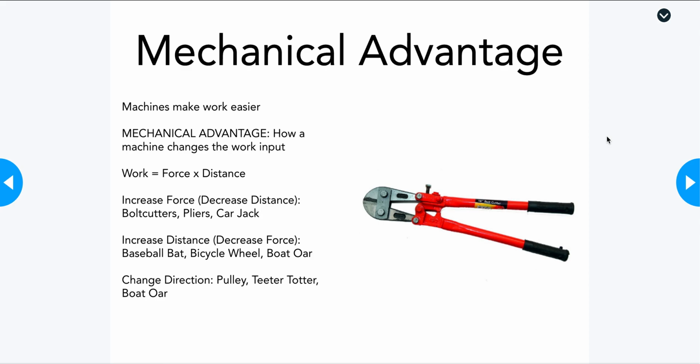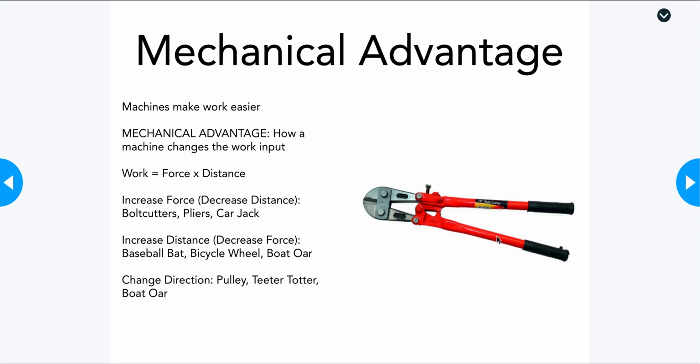So what happens then is you, on your side, push closed the handles of the bolt cutter, and that forces the blades of the bolt cutter to close as well. Well, your hands traveled a huge distance to close that gap between the handles, but the blades up here only traveled a tiny distance, but the work done at both ends was equal.